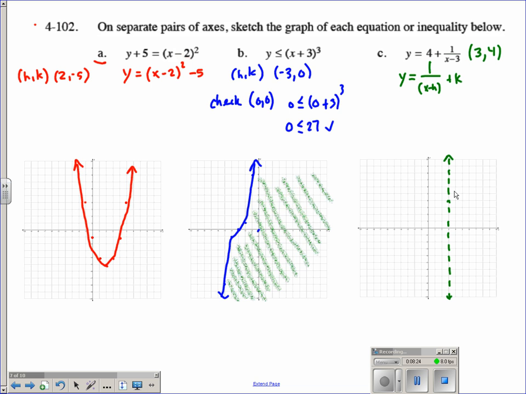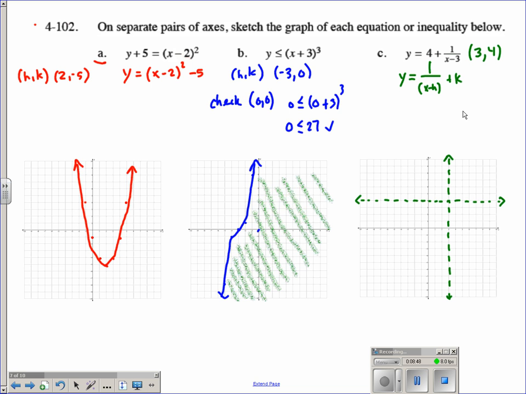And now we need to do our horizontal where y is equal to 4. So let's put that one on there. So your asymptotes should look like mine.